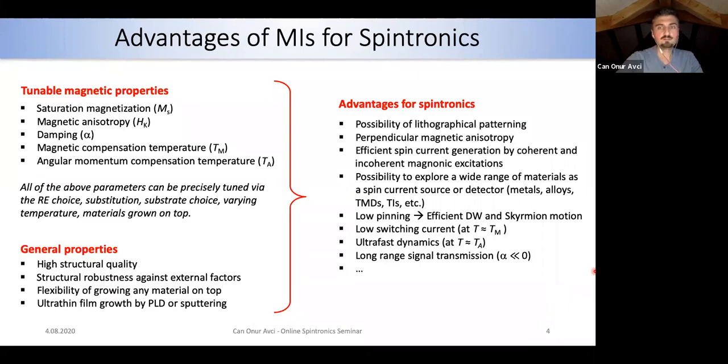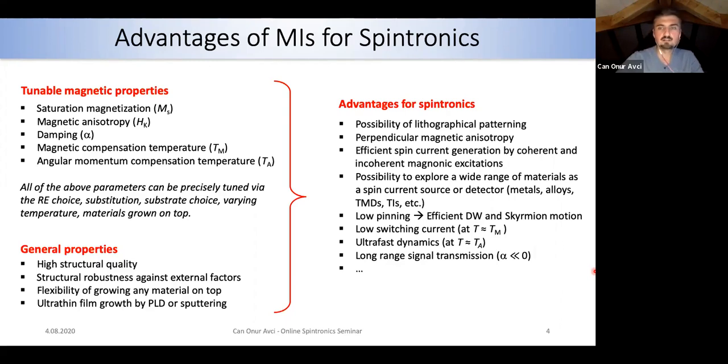You can explore a wide range of materials for spin current source or spin current detector, like metals, alloys, transition metal dichalcogenides, or topological insulators, which you can combine with these magnetic insulators. This high structural quality gives low pinning, so you can obtain very efficient domain wall and skyrmion motion. You also get very low switching current because you can tune the magnetization, even though the materials can be relatively thick with respect to their metallic counterparts. You can still use very small current for switching these materials by using, for instance, spin orbit torques.